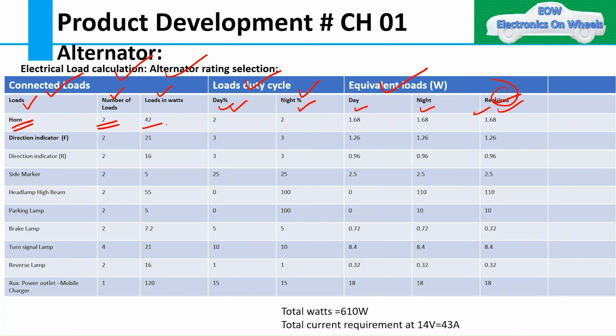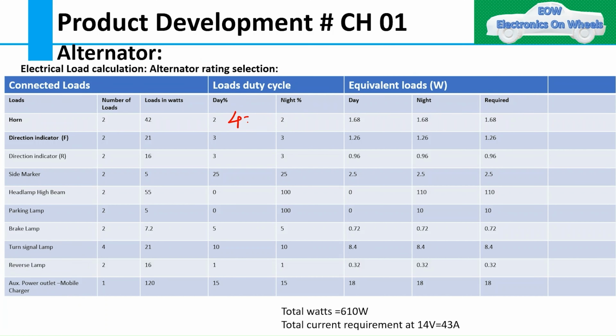Watt is 42. This is a typical value I am saying, right? Then in a day the person can use it, and in the night also the person can use it. So we are taking 2%, in the night also 2%, right? Suppose I am taking the equivalent load for this one, let me erase one time.